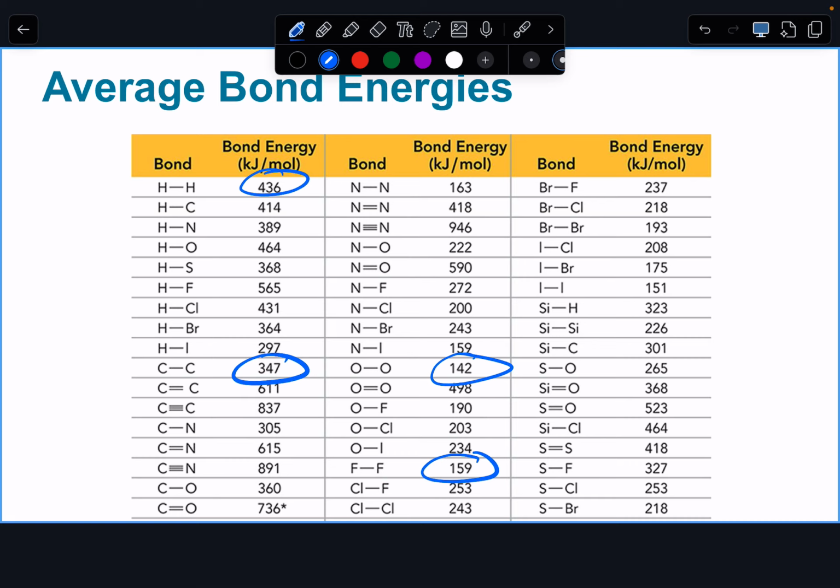In some respects, it's interesting. In others, H2 is pretty stable. We know that it's diatomic. We know that it sticks together pretty well. This tells us that the fluorine bond is relatively weak. It's going to be pretty easy to break that apart.